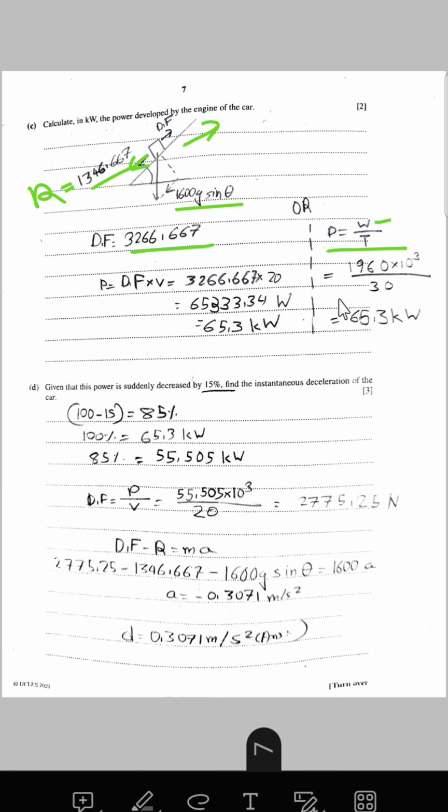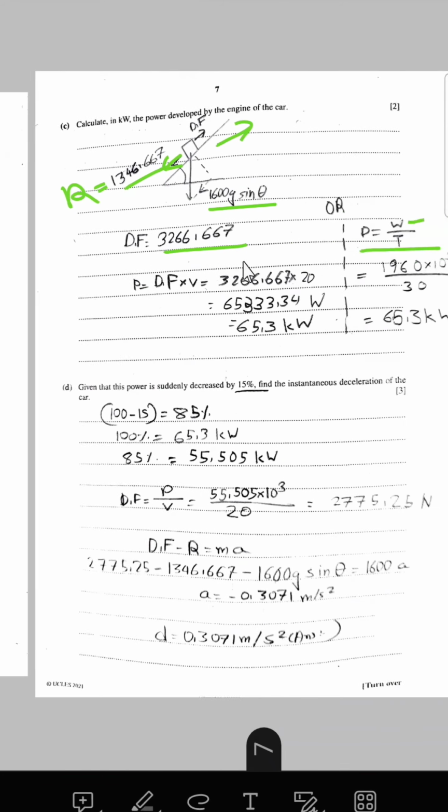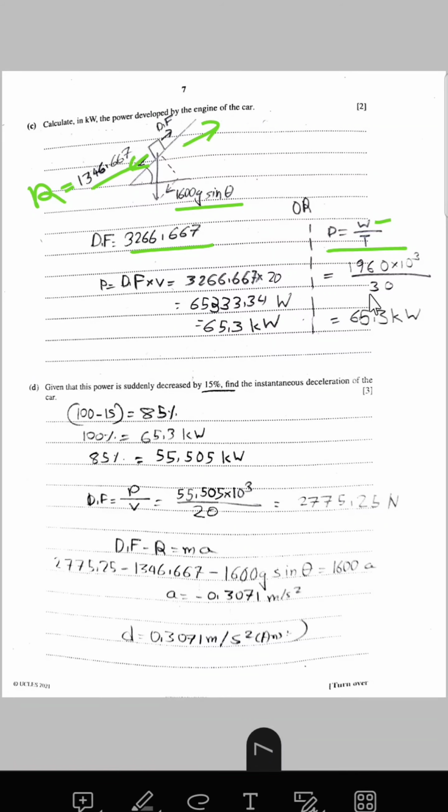We know the value of time, that is initially given in question 1A, that is 30 seconds. For this time interval, we find the power the same as this. You can use either of these two, but it is safer to use this one, because this information is split across two questions, but this information is usually given in the first part of the question.